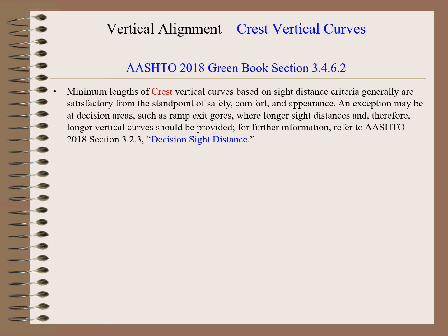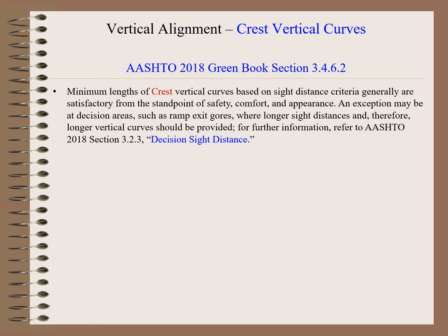Minimum lengths of crest vertical curves based on sight distance criteria generally are satisfactory from the standpoint of safety, comfort, and appearance. An exception may be at decision areas such as ramp exit gores, where longer sight distances and therefore longer vertical curves should be provided.